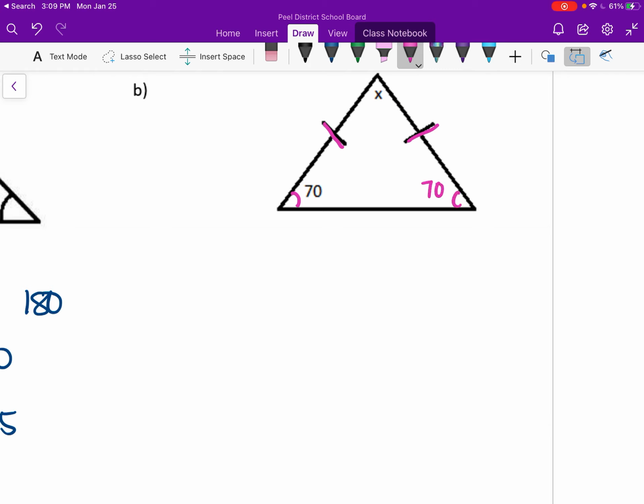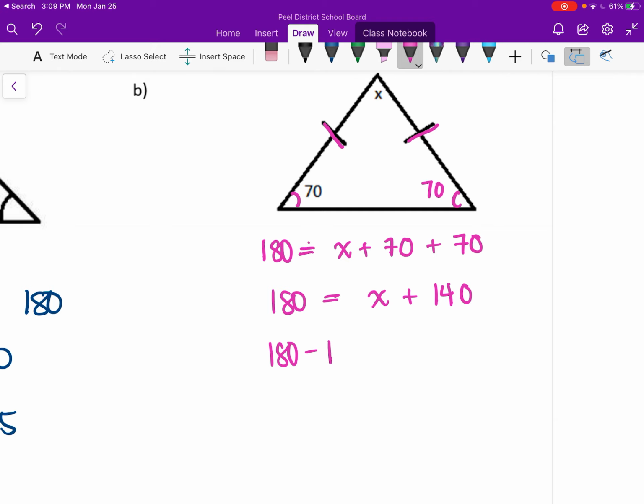So now I can use my interior angles theorem. So I can say 180 equals X plus 70 plus 70, right? So 70 plus 70 is going to be 140, so 180 equals X plus 140. Let's move that 140 to the other side by subtracting it on both sides. 140 minus 140 is just 0, so I'm going to leave that.